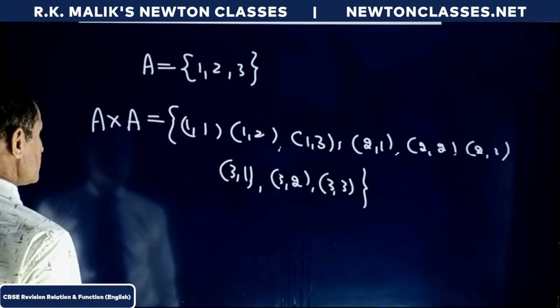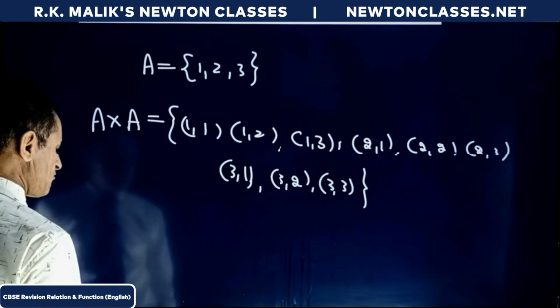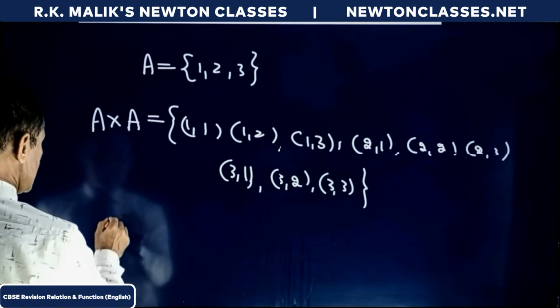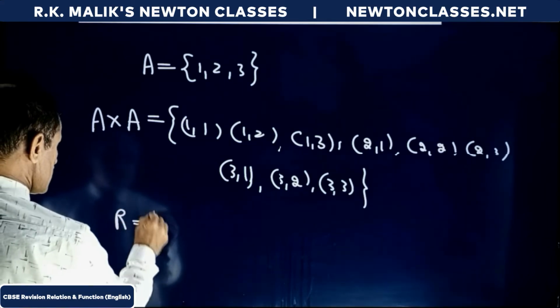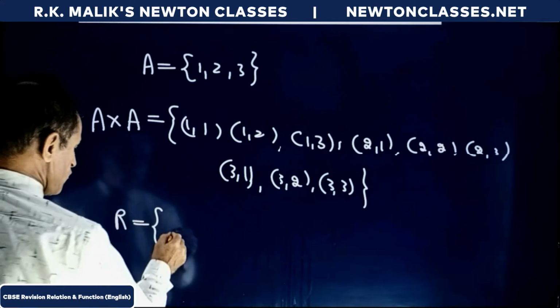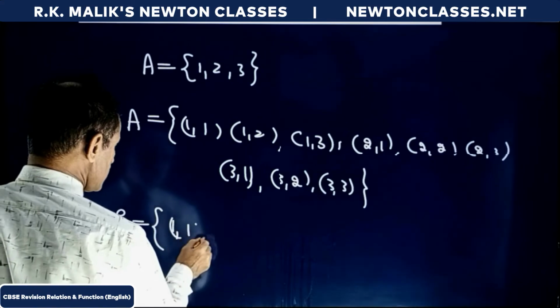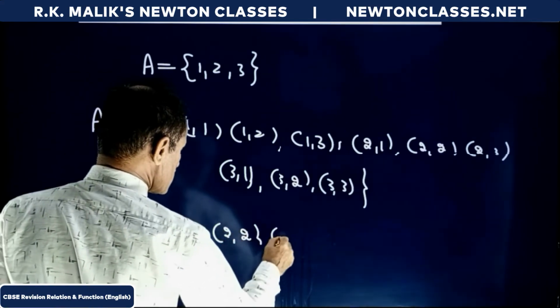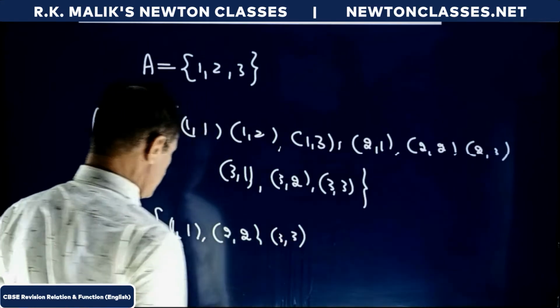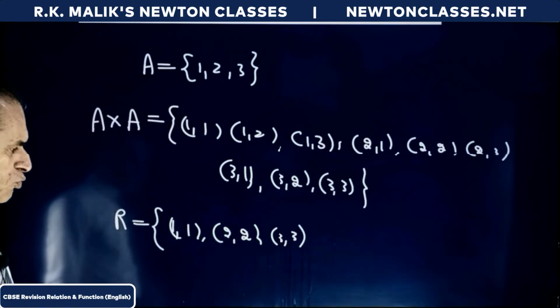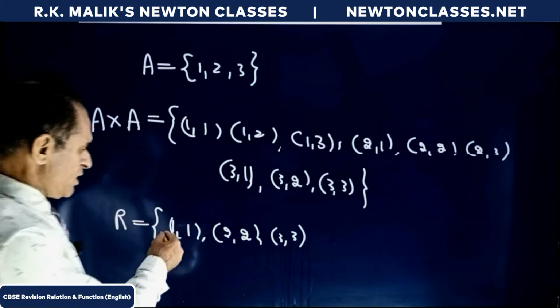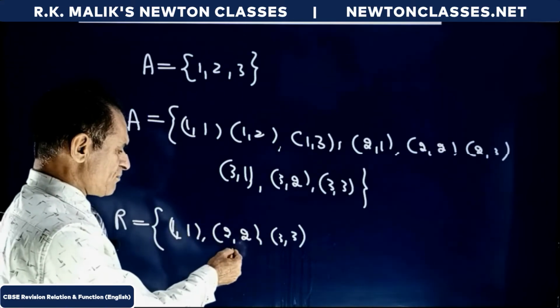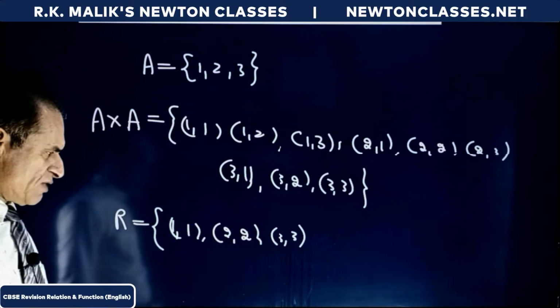Obviously, if a relation is equivalence, say that relation is R, then (1,1), (2,2), (3,3) must belong to R. Even if 1 is absent, it will not remain reflexive.